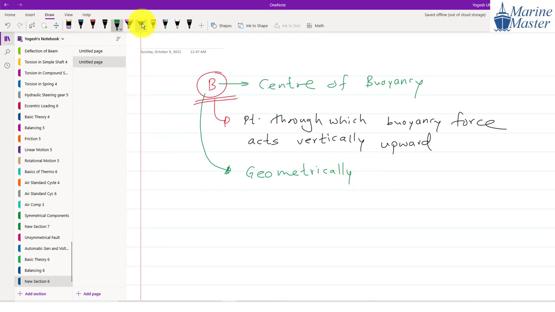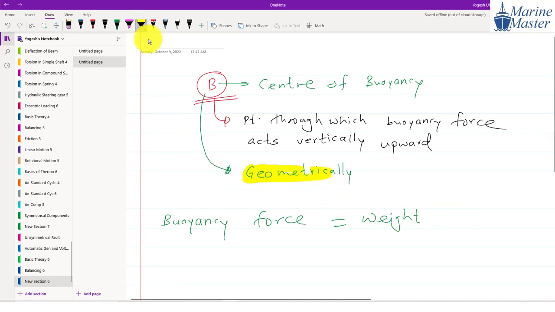See, weight of water displaced is what is meant by buoyancy force. Guys, don't get confused. What is the basic definition of buoyancy force? Weight of water displaced. But geometrically, the last sentence that I have given you is related to center of buoyancy. Where will we get the center of buoyancy?